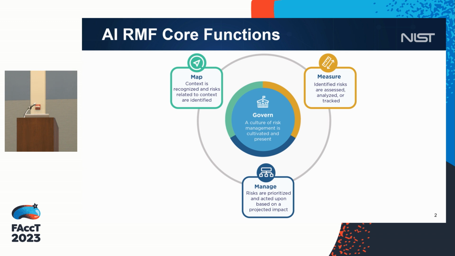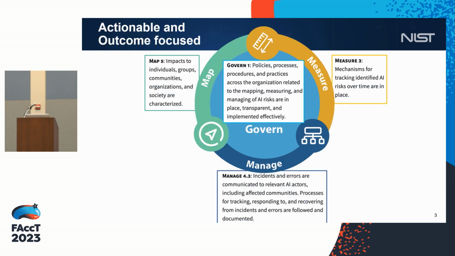Each of these functions gets into more granular guidance in terms of categories and subcategories. In total, through 72 actionable, outcome-focused subcategories, the AI RMF provides guidance and suggestions for managing the risk of AI. I put some examples of what's covered in each of the functions. For example, in the Map function, it talks about how impacts to individuals, groups, communities, organizations, and societies are characterized.